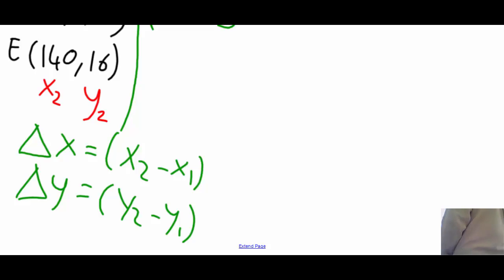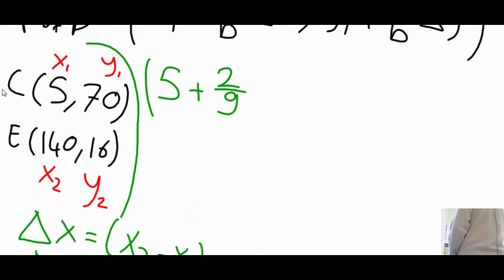Let's write down x2 first. Open the brackets. x2 is right over here, 140, minus x1, which we already know is 5, comma.